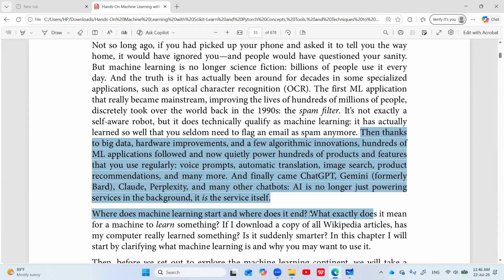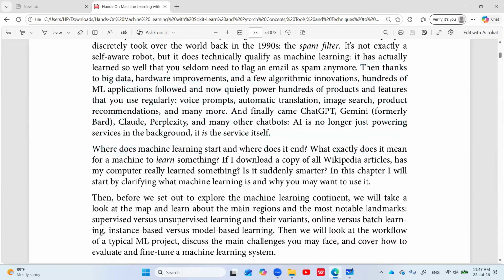Now it is Google Gemini, right? Claude, Perplexity, and many other chatbots. AI is no longer just powering services in the background. It is the service itself. Now AI is a service, guys. If you want to understand AI, you want to understand the heart of it, and that heart is machine learning.